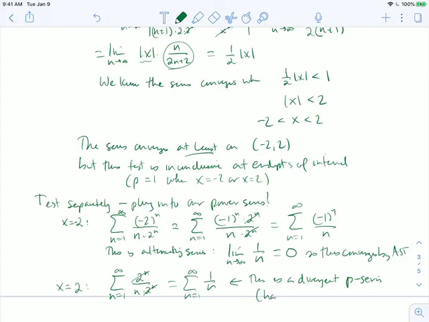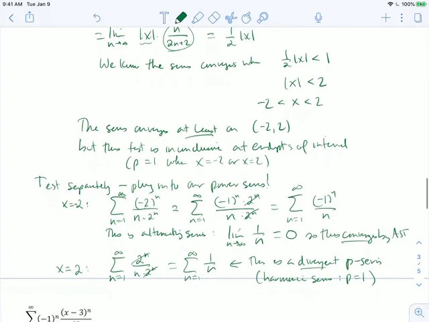It's the harmonic series when p is equal to 1. So it converges at -2, it diverges at 2, so the interval of convergence is the half closed, half open interval, -2 to 2.